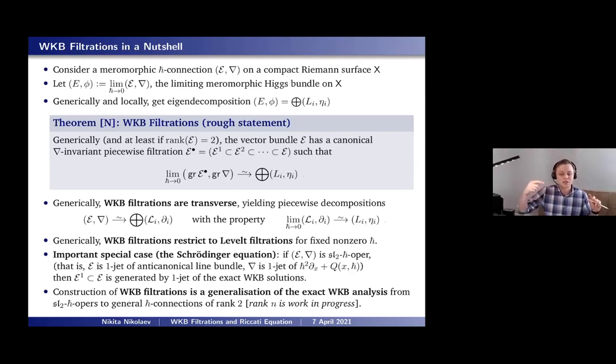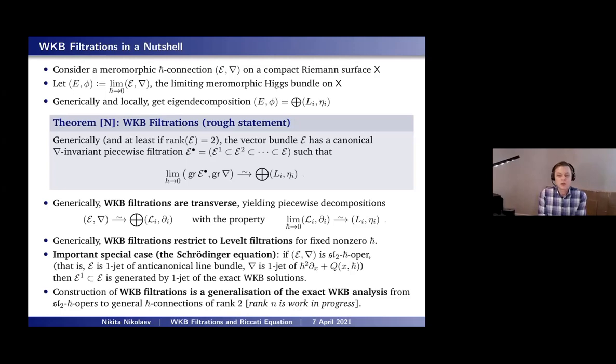The way you do it is you interpret the WKB ansatz as a search for an invariant splitting of the oper sequence. Thank you.